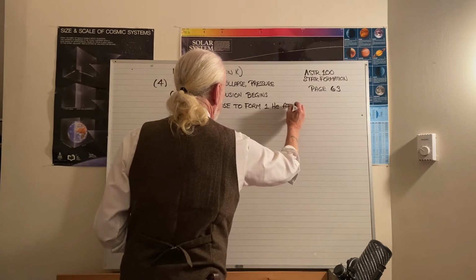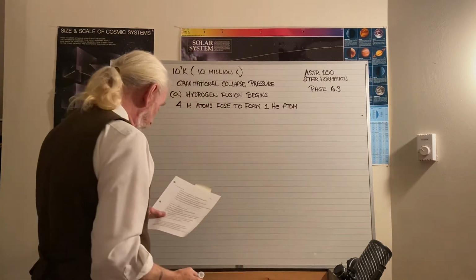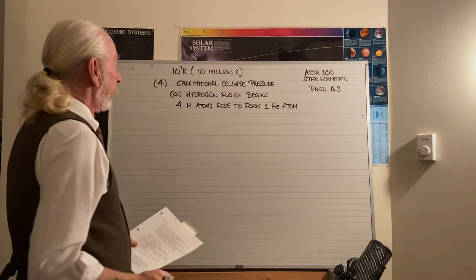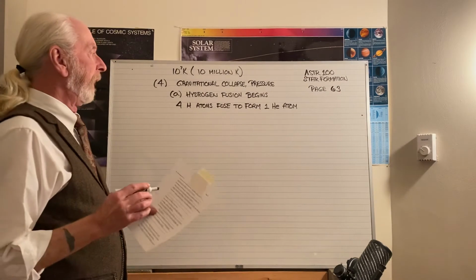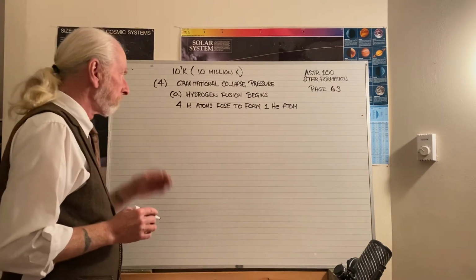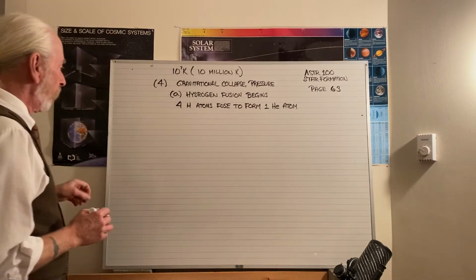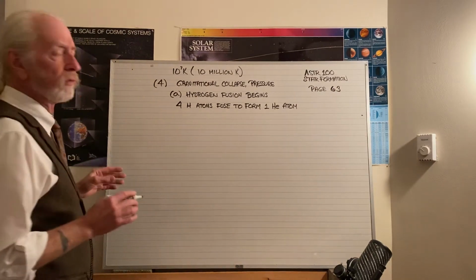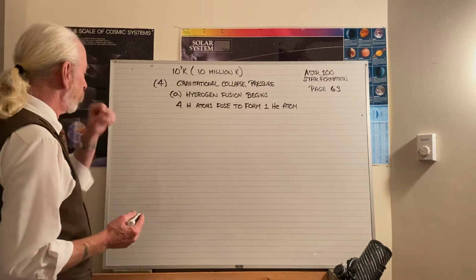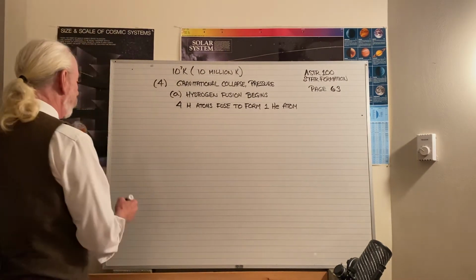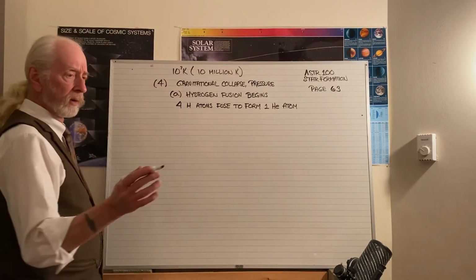It's really quite a process. Here's the rough and ready explanation for this. This is a street fighting description. What happens is that, well, if you have a hydrogen atom, a hydrogen atom has 1 proton, 1 electron.